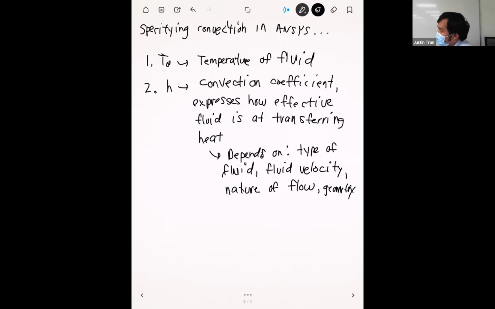And so I'd say this is probably the most difficult part of running thermal simulations, is determining what the convection coefficient should be. Okay. And so if you're knowledgeable about the flow, you can probably have a good guess for it. But if not, you probably need to run some kind of fluid simulation to determine what this H value is. Okay. And that's probably going to be the subject of the latter part of our Wednesday lecture.